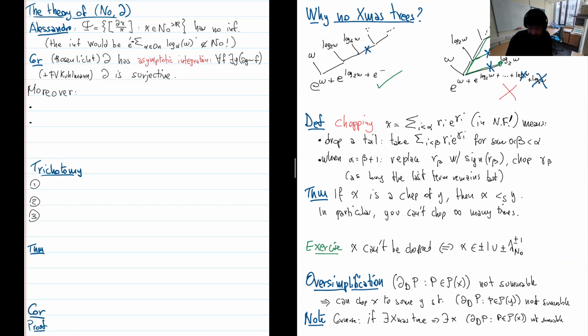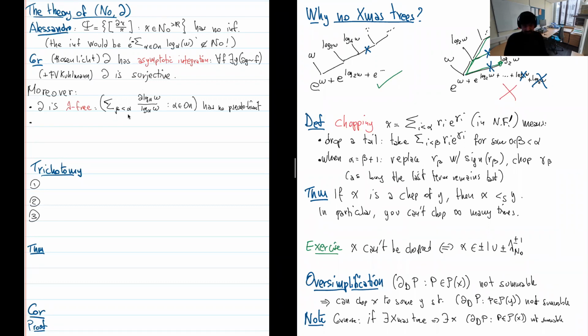Okay, but we can say something a bit more. For example, we can say that the derivation is lambda free. Now, lambda free means that the sequence of the sums of the derivative of log_alpha of omega divided by log_alpha of omega, for alpha ranging over the ordinals, has no pseudo limit in the surreal numbers.